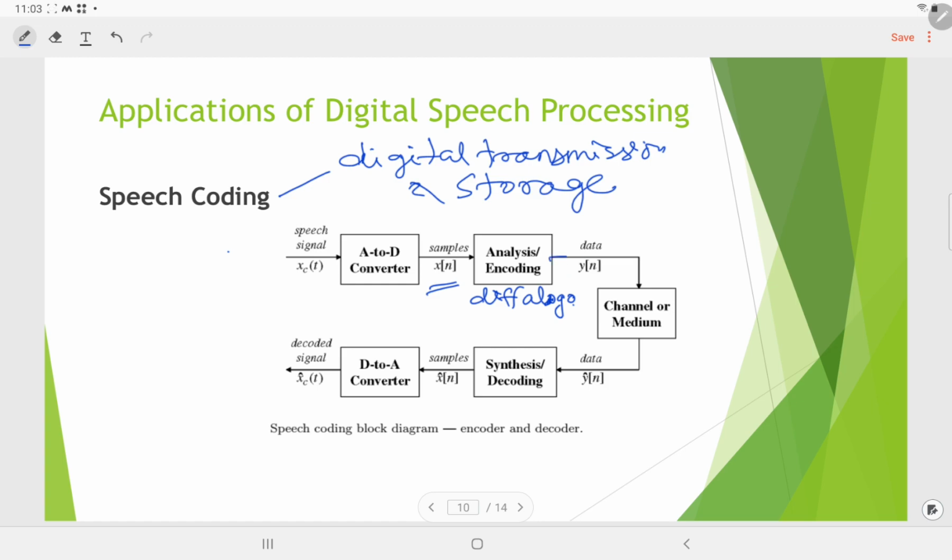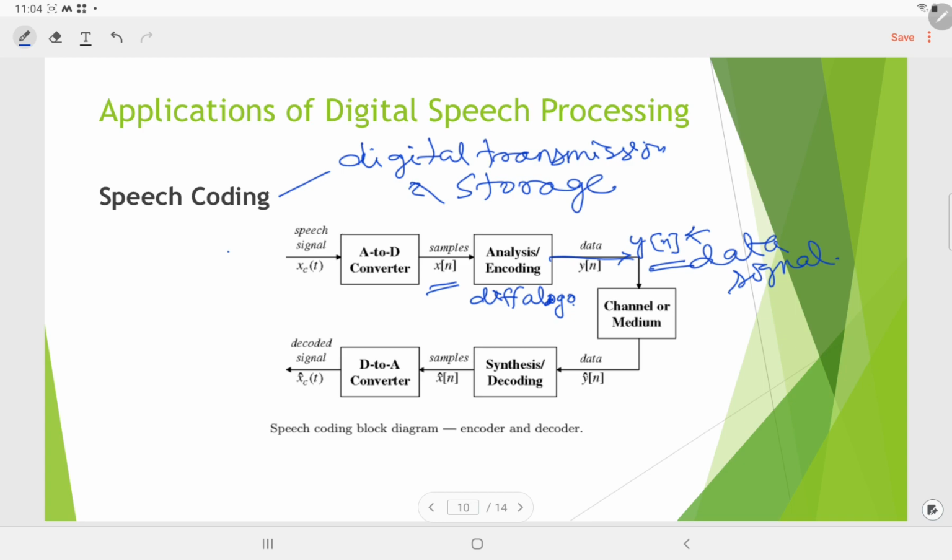Then after coding you will find something represented by yn. Here I cannot say yn is my speech signal, because it has already been encoded. Without decoding you will not get back your speech signal or audio signal. So, this signal we can call a data signal. This is no more a speech signal or audio signal.